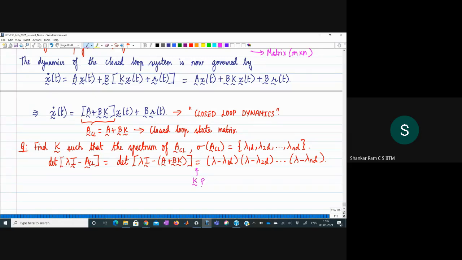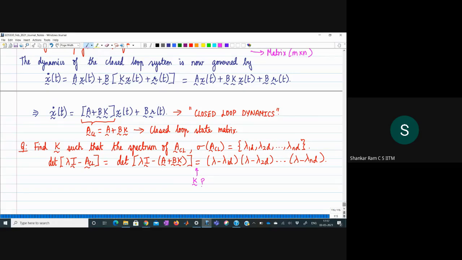We are matching the two characteristic equations. We want to find K such that the closed loop characteristic polynomial, determinant of lambda I minus A_CL, gives the polynomial lambda minus lambda 1 desired, lambda minus lambda 2 desired, all the way to lambda minus lambda n desired. How do we map the two polynomials? All right, so this is the task. Of course, this entire exercise will become clear when we do examples.